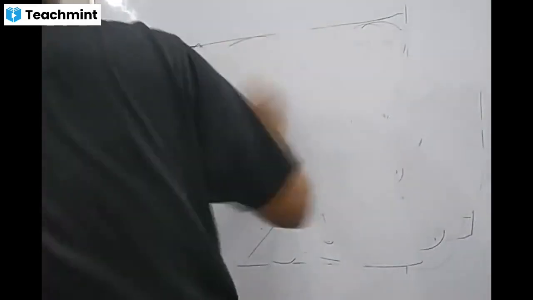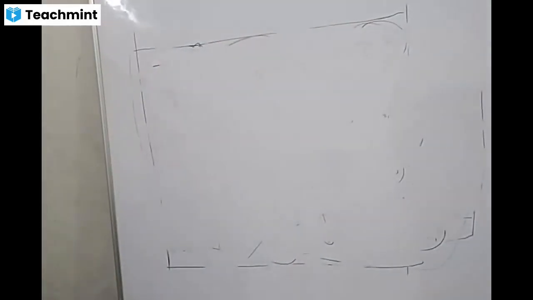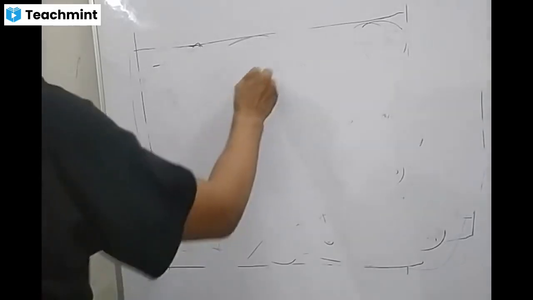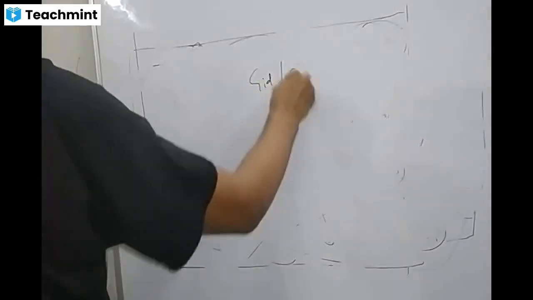Next is Echinococcus granulosus. That is your dog tapeworm. Sir, what about gid? Gid, that is Taenia multiceps, which was known as gid or stagger.